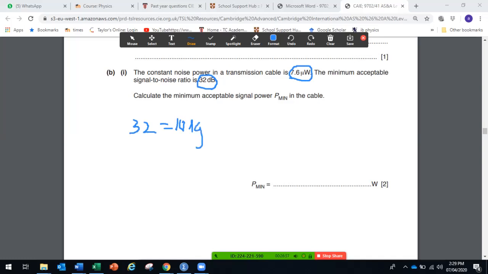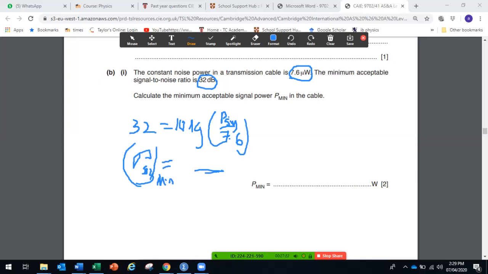On top is signal power or noise power? On top is signal power, sir, because they say signal to noise. So noise is down. So you get the minimum signal power, the minimum power per meter.